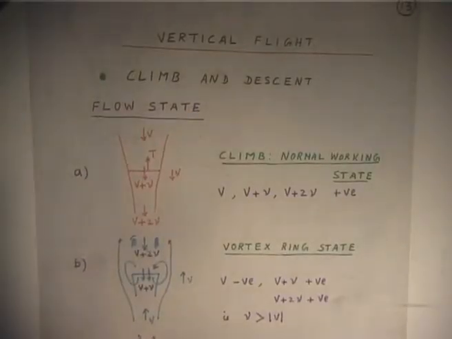At the rotor disc, now it is V plus nu, where nu is the induced velocity and V is the velocity due to the motion of the disc or the rotor, and then far field downstream.